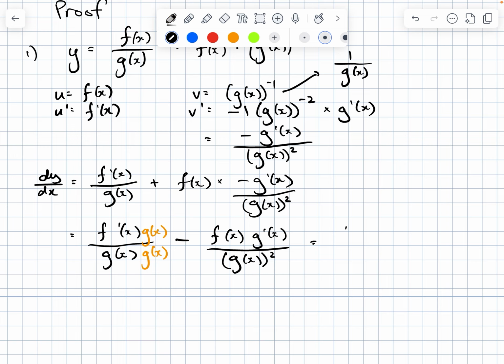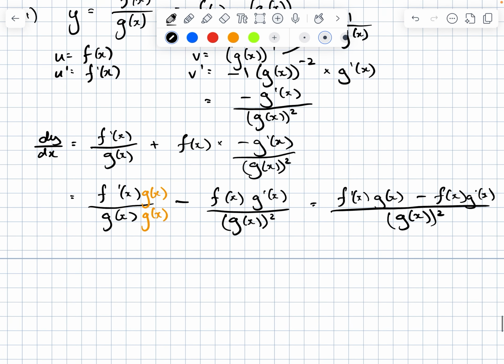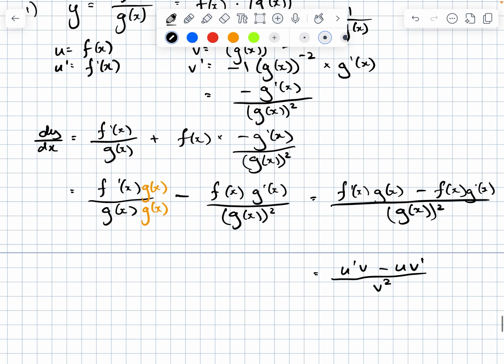That gives us f'(x) g(x) minus f(x) g'(x) all over g(x) all to the power 2, which if we treat, instead of f(x) and g(x), as u and v, we get u differentiates to u', v minus u times v' all over v squared, which is the quotient rule.